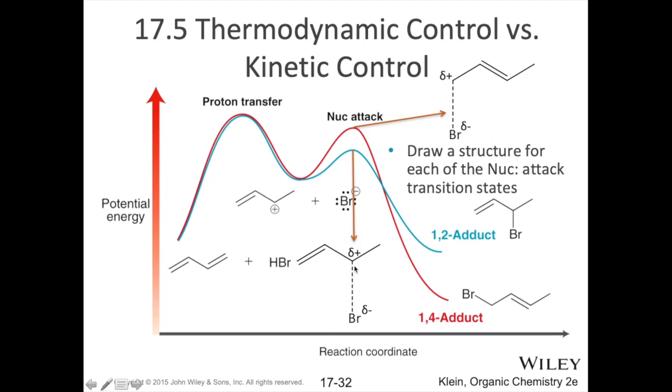So that's going to be a little bit more stable, and that's why it's a little bit lower in energy. Of course, if you're trying to understand why your thermodynamic product is at a lower potential energy, you want to look at your alkene itself. Notice that here our double bond is di-substituted, whereas here it's just mono-substituted. And again, that's why our 1,4 adduct is the lower energy, the more stable thermodynamic product.